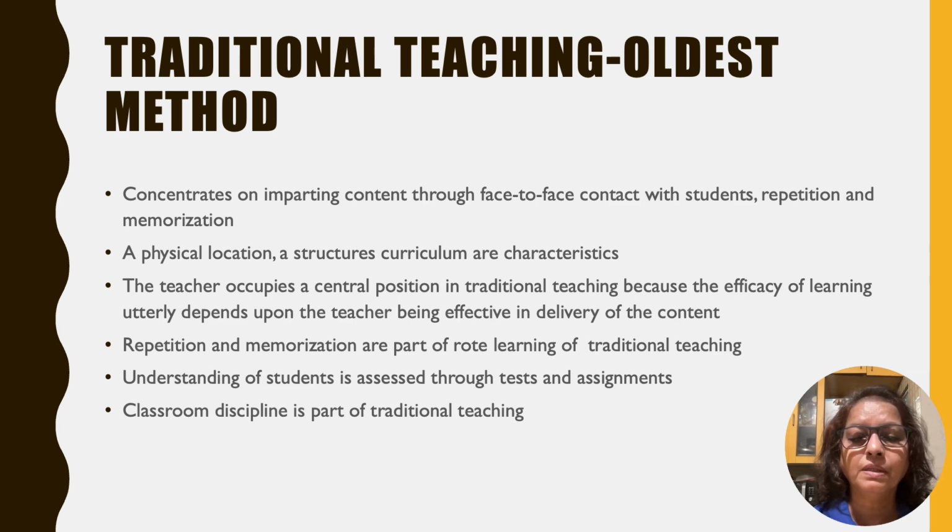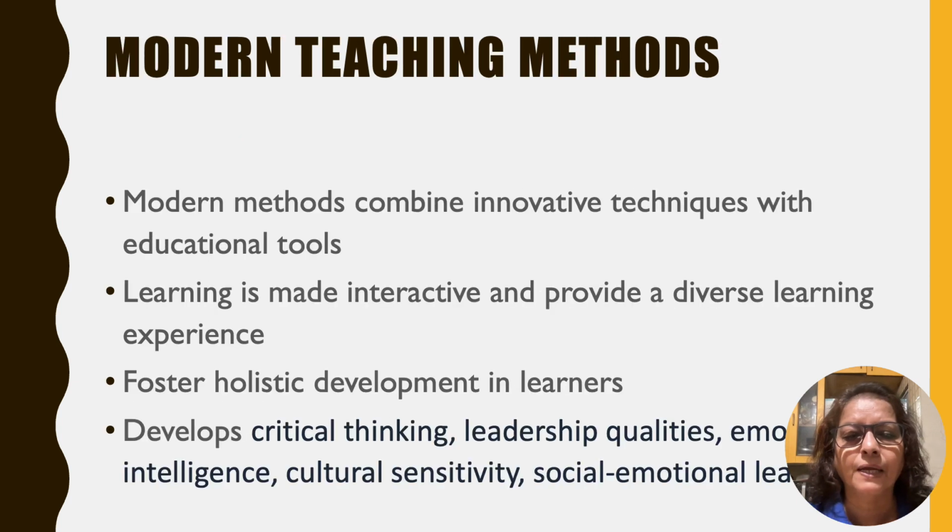The teacher naturally occupies a central position in traditional teaching. As I already said, repetition and memorization are part of it. Understanding of students is assessed through tests and assignments. Of course, as in other forms of teaching, classroom discipline is a part of traditional teaching.